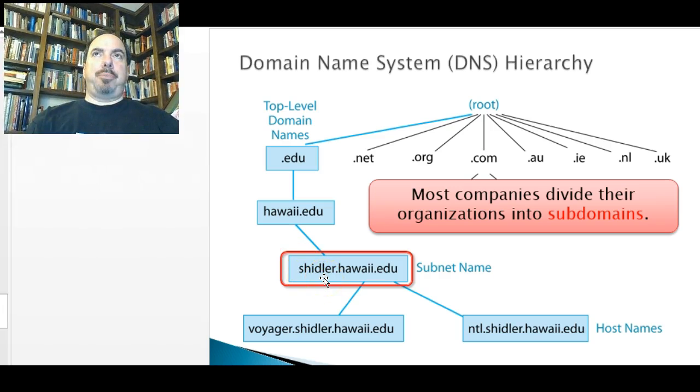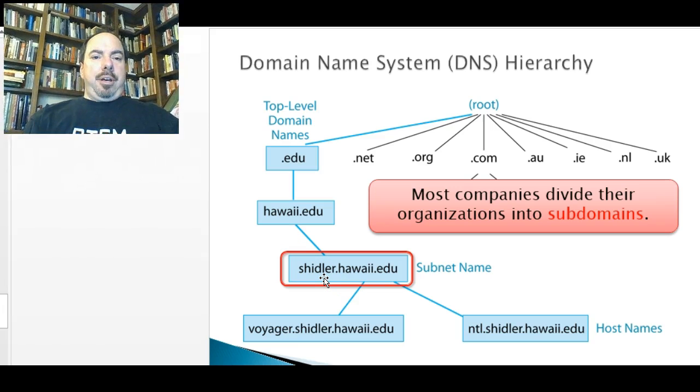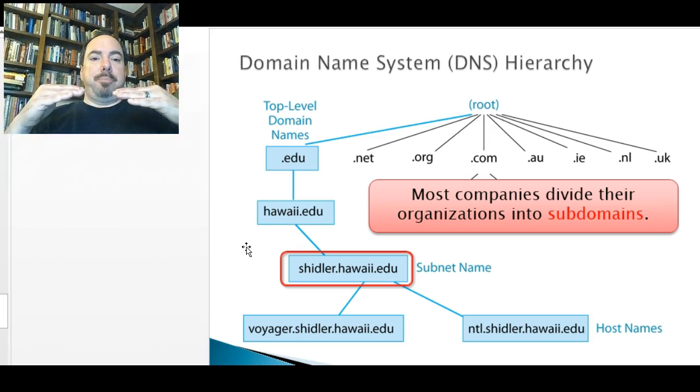For example, if you do an ipconfig or an ipconfig all at the command prompt, you should see our subdomain, which, if you're on campus, is simply going to be campus.siue.edu. But we do this because we have different subnets, and typically a subdomain will align with a subnet.